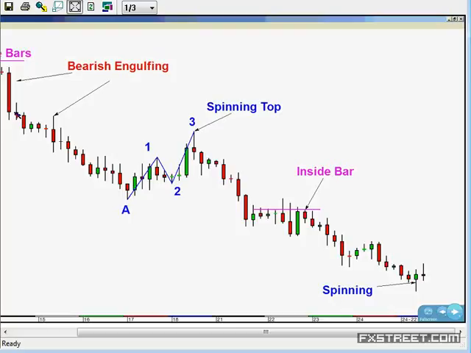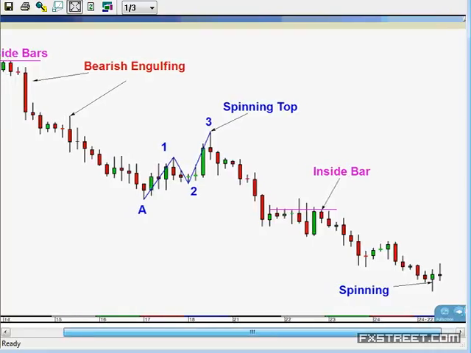So they have higher value the higher the time frame. The lower the time frame, the lower value they have. But what you can do is also use the smaller time frames to try and get in at levels where your risk is going to be limited.